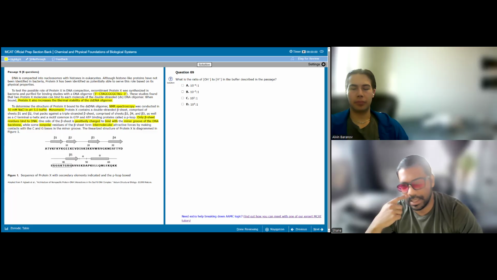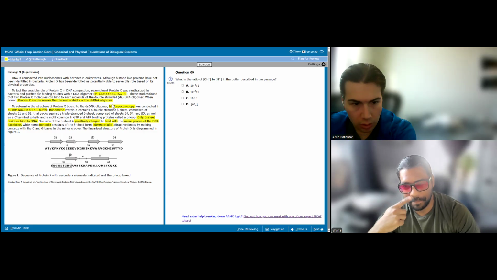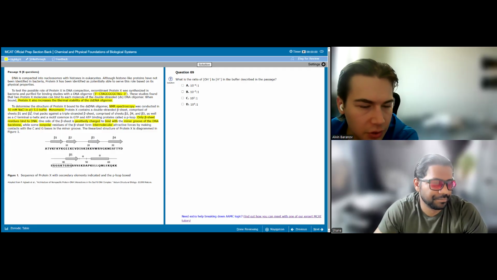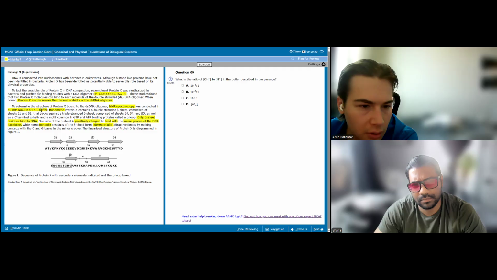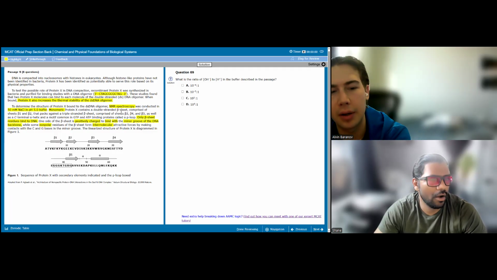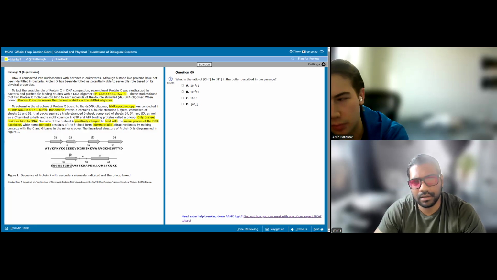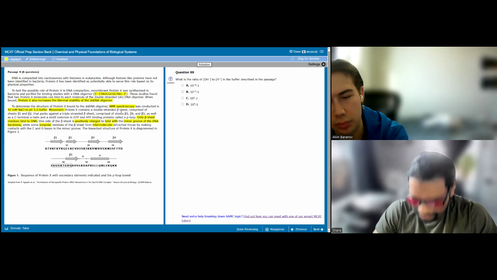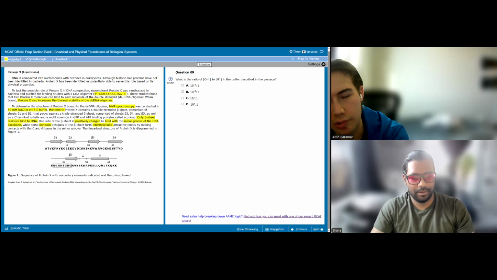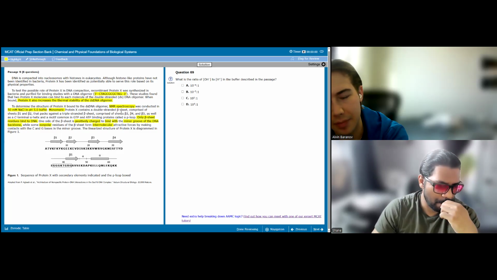It asks what is the ratio of OH to H in the buffer described in the passage. Okay. Buffer is pH of 5. We could eliminate two choices right away.